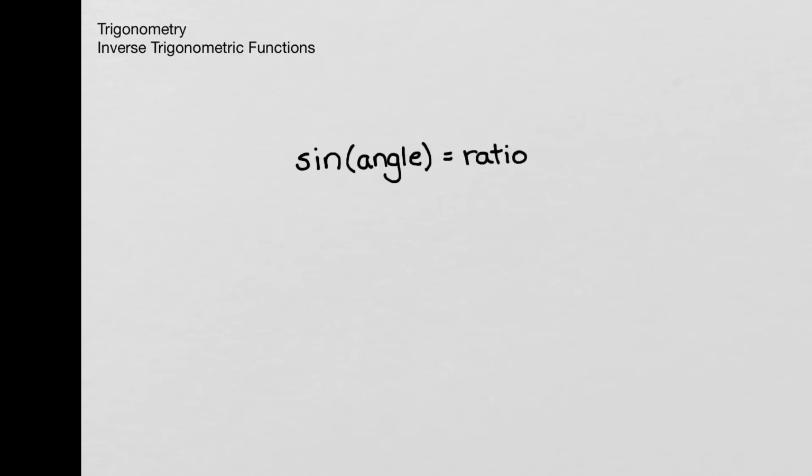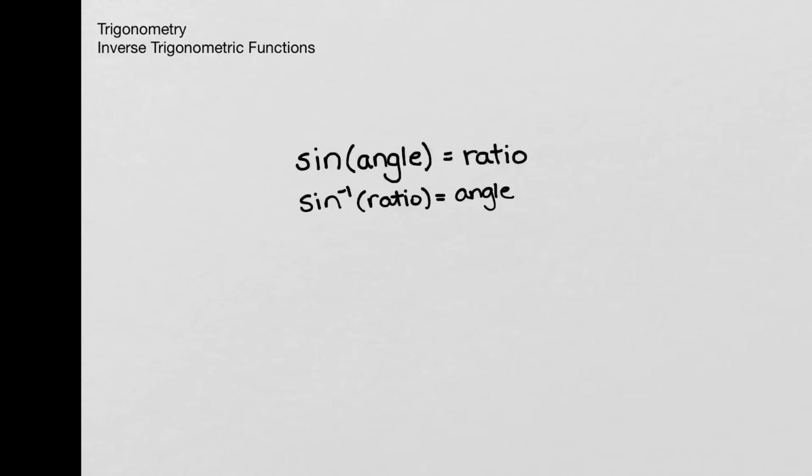So when we're working with our trigonometric functions, now I'll switch to sine. So I have here the sine of an angle equals a ratio. And now if we were to reverse this, if we're talking about an inverse function, then I can express this as the sine inverse of a ratio equaling an angle.